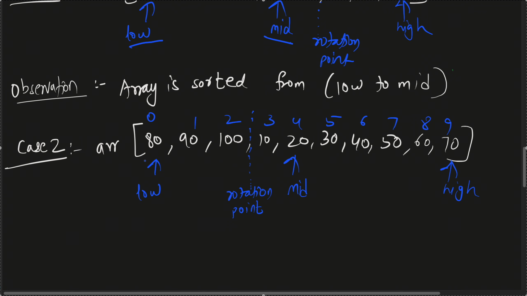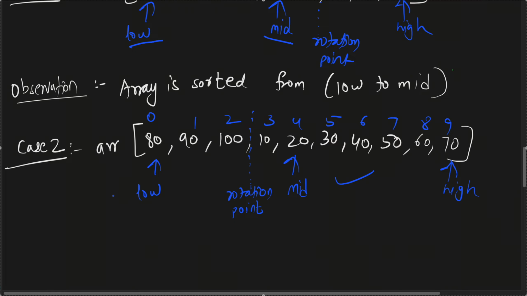Now can you do the same observation that we did for case 1, whether the elements are sorted from low to mid? 80, 90, 100, 10, 20. No, the elements are not sorted from low to mid. Is the array sorted from mid to high? 20, 30, 40, 50, 60, 70.